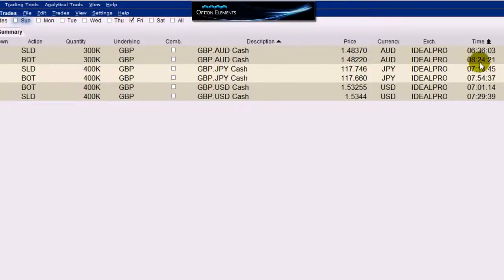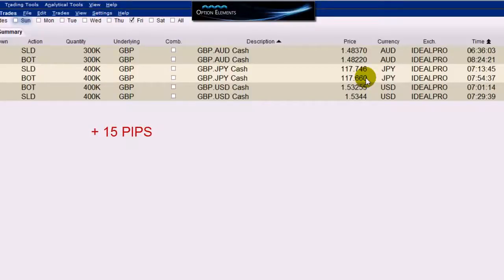Let's see, we bought those at 8:24. It's currently 8:34 a.m. Okay, so we sold those at 37. We bought them back at 22. So that's a 15 pip trade right there, 15 pip profit. Okay, British pound Japanese yen. We sold those at 74, bought them at 66.